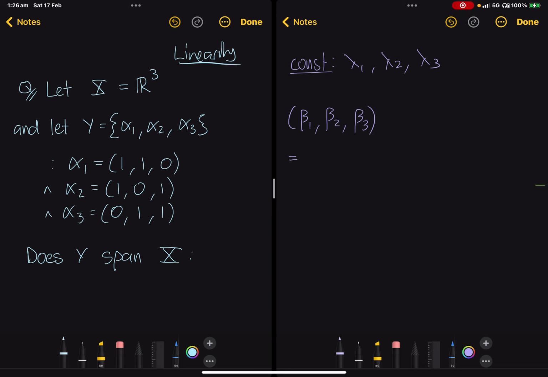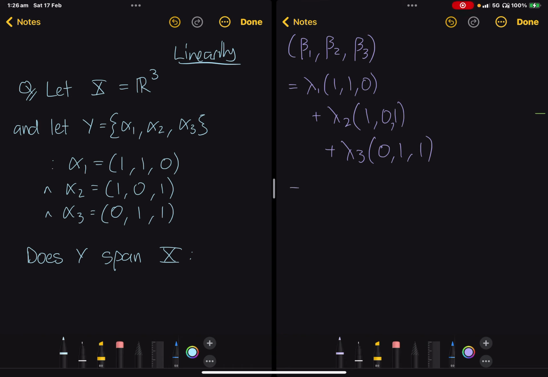So this is equal to lambda 1 times 1, 1, 0, plus lambda 2 times 1, 0, 1, plus lambda 3 times 0, 1, 1.